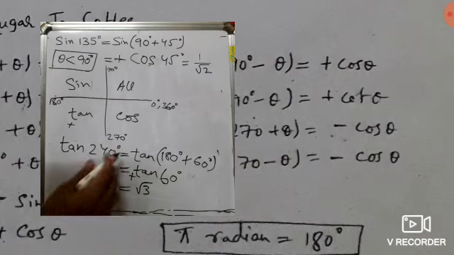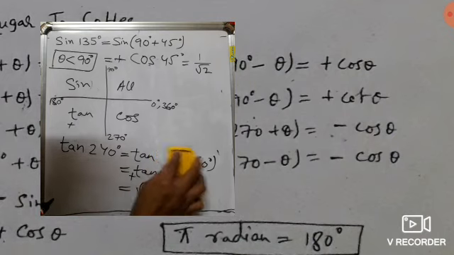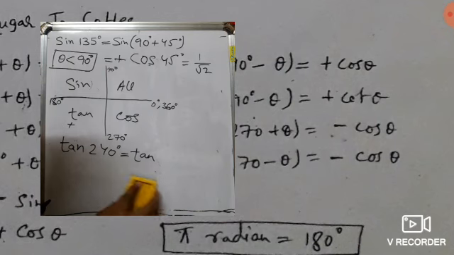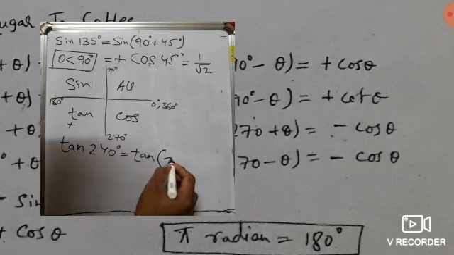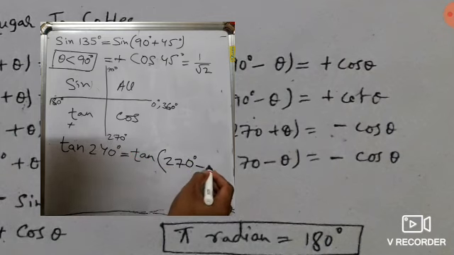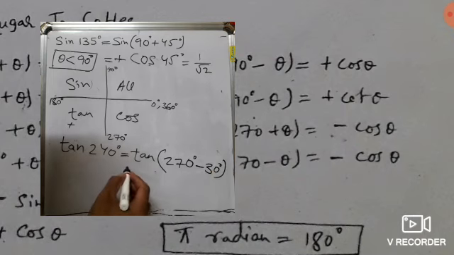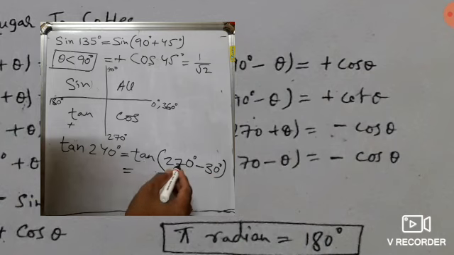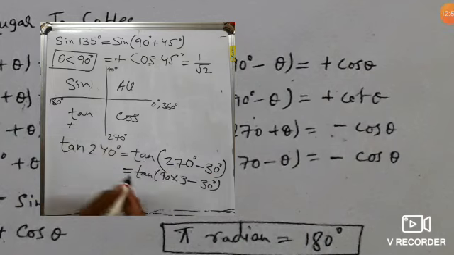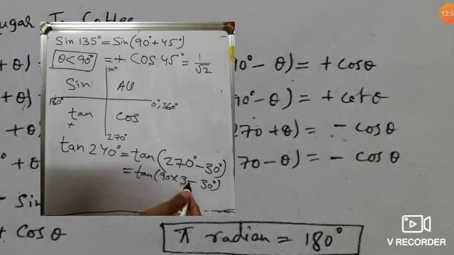This we can find out in another way also. How? Instead of tan 180 degree plus 60 degree, we can write it as tan of 270 degree minus 30 degree, because 270 minus 30 is 240. So tan 270 is 90 into 3 minus 30 degree, and 90 into 3 is odd. Odd means tan will become cot.